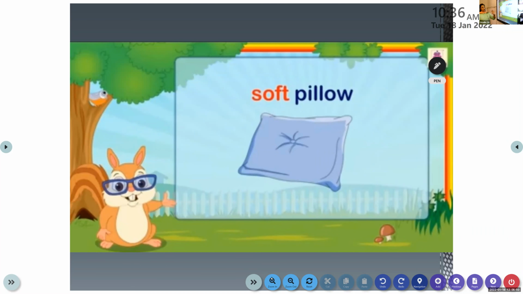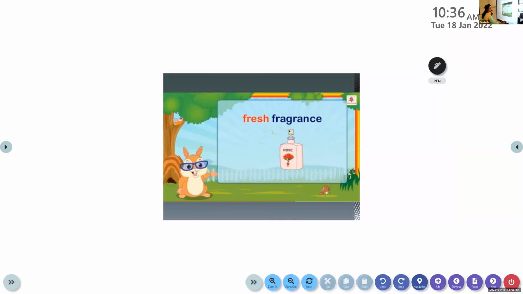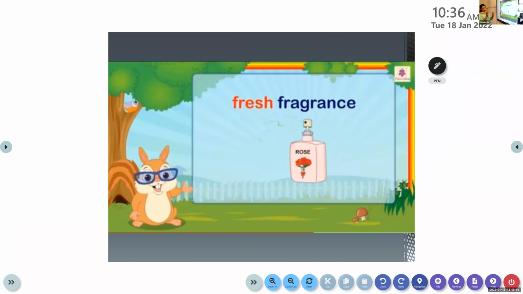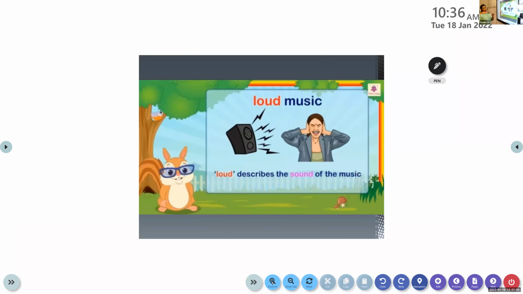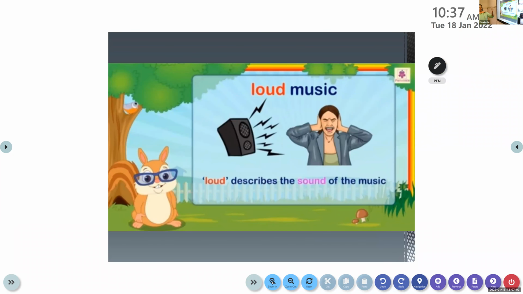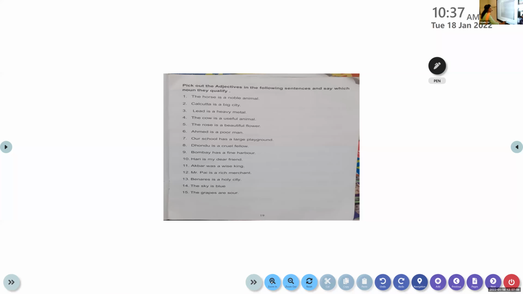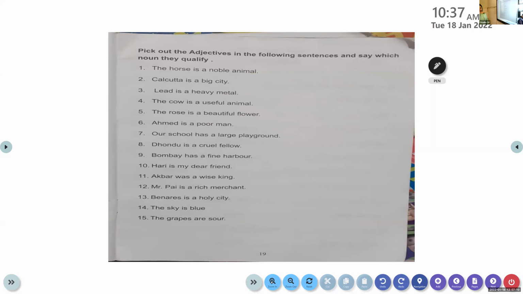Soft or hard or harsh or whatever it is. Fresh, the smell tells you. And the loud or melodious or sweet voice, by listening with your ears. So this is how you're going to identify the adjectives in a sentence.